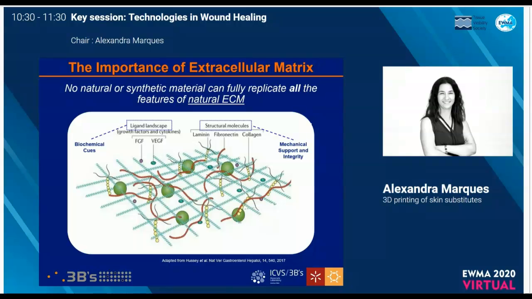So when I talked about the different biomaterials, we had in consideration the type of proteins that are present, and we mimic that somehow with the peptide sequence that we included in the Gel-N-Gan material. But so far, no natural or synthetic material can fully replicate all the features of the natural extracellular matrix.